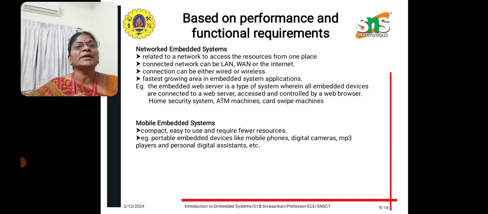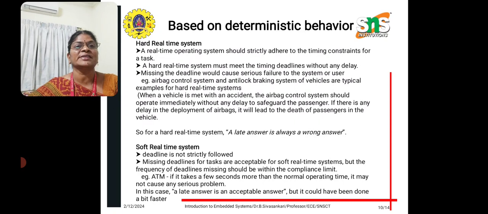And it can be connected either by wired or wireless means. Examples are home security systems, ATM machines and card swipe machines. So next one is mobile embedded systems. They are very compact, easy to use and require few resources, like portable embedded devices such as mobile phones, digital cameras, MP3 players and personal digital assistants, etc.